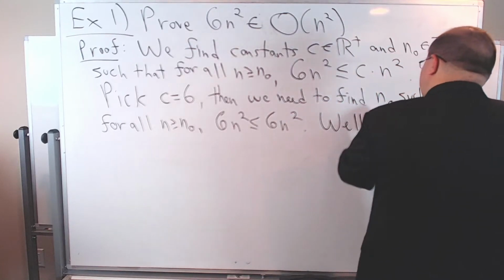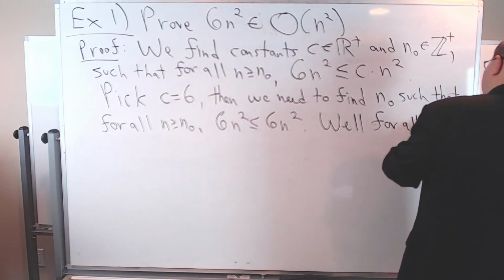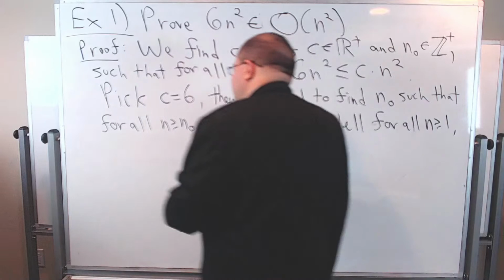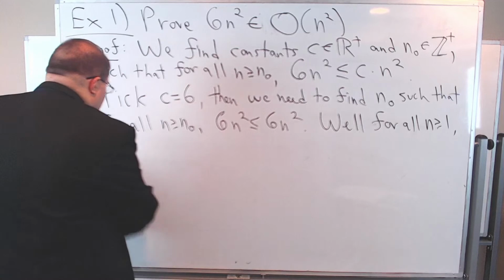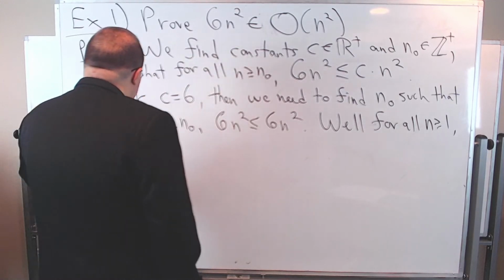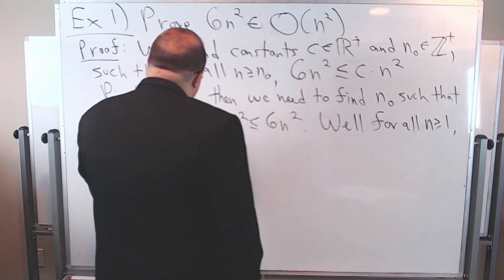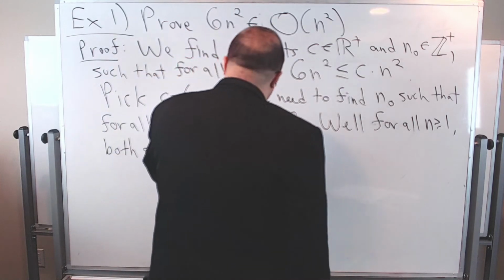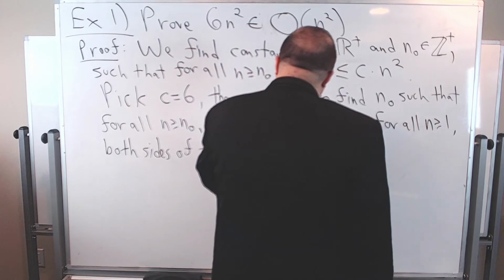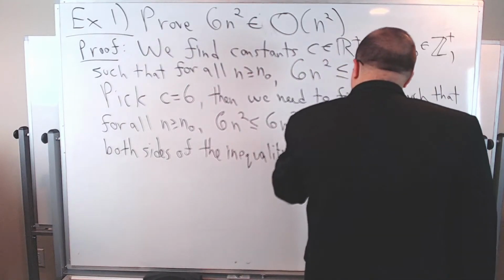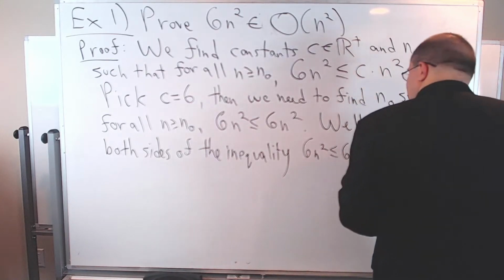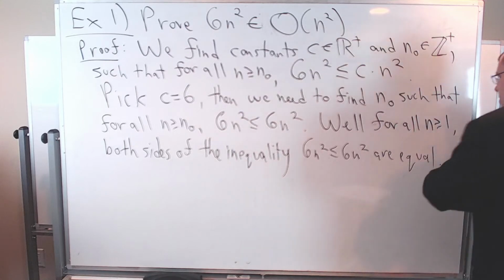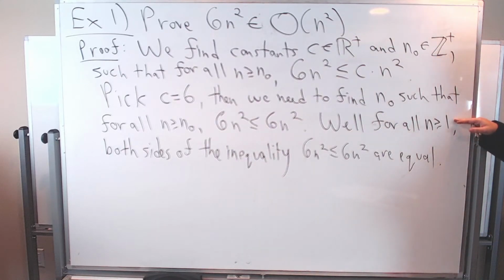Well, for all n greater or equal to 1, both sides of the inequality, 6n squared is less or equal to 6n squared, are equal, right? Well, for all n greater or equal to 1, so I'm just stating the quantity for which the statement is true.